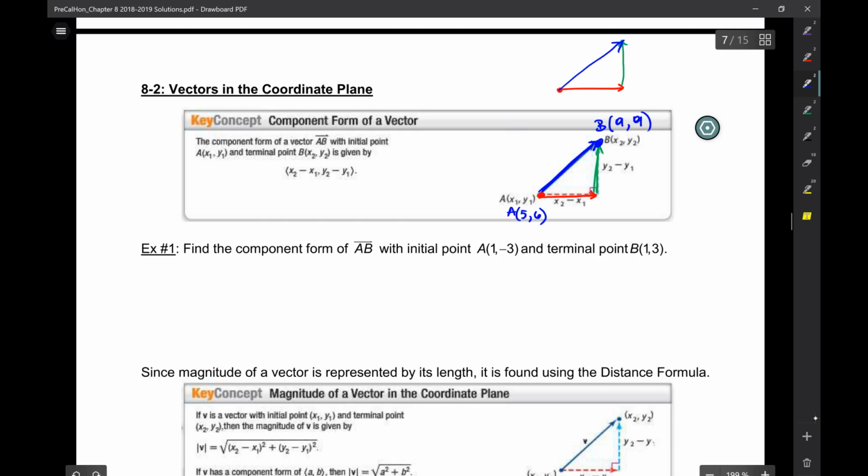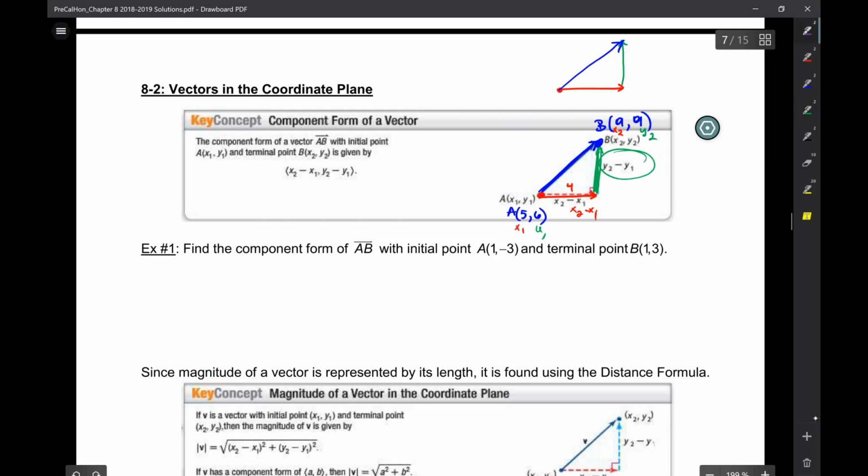In order to draw that blue vector, how much would you go in the horizontal direction? 4. How did you do that? You subtracted x1 and x2, you did x2 minus x1. How would you know how much to go up? You do y2 minus y1, and that's how you would get 3.